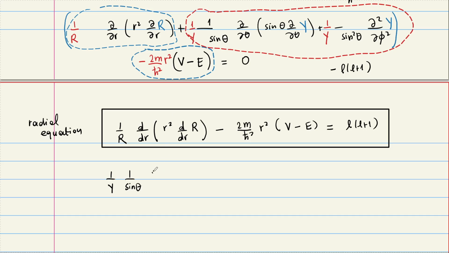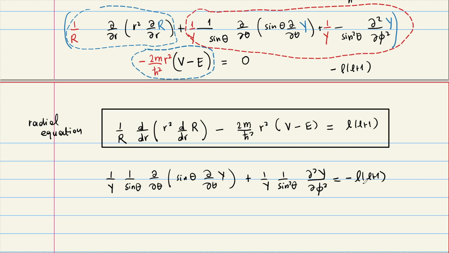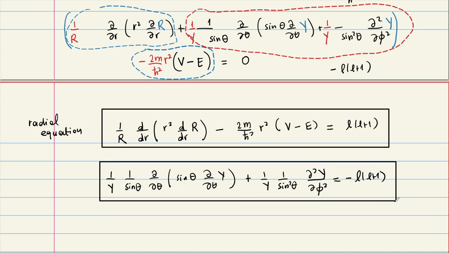So let me do that: del theta, sine theta del theta Y, plus 1 over Y, 1 over sine squared theta del squared Y del phi squared, is equal to minus l(l+1). So this is the second piece.